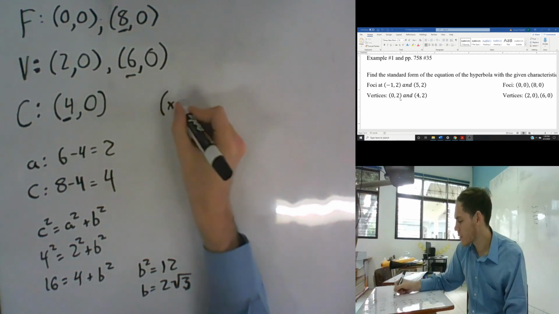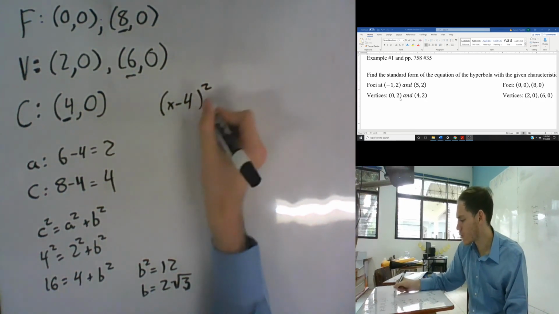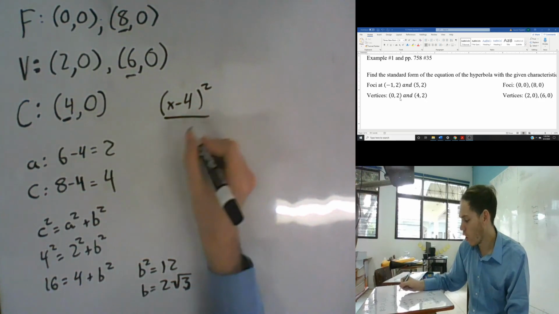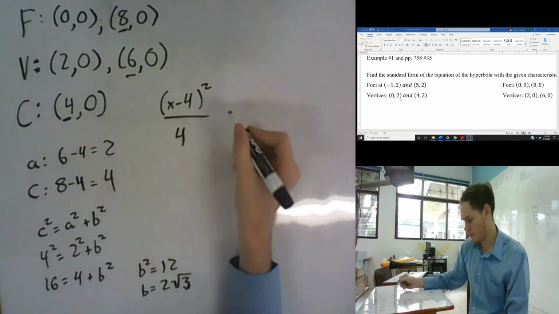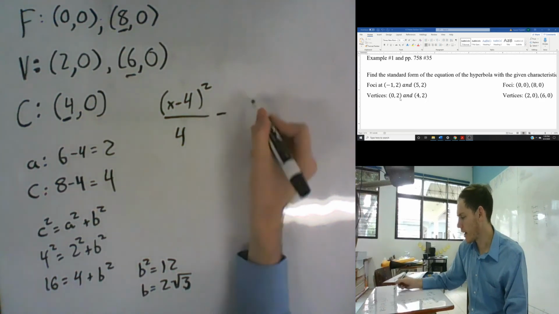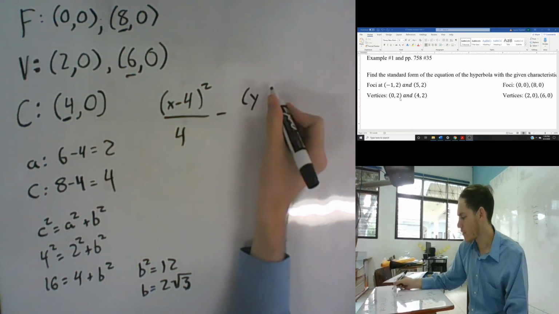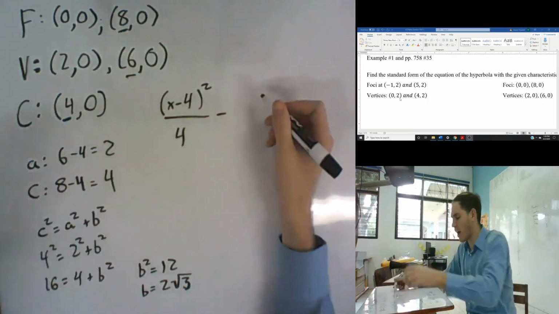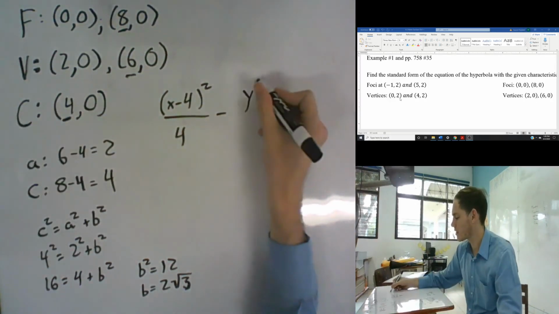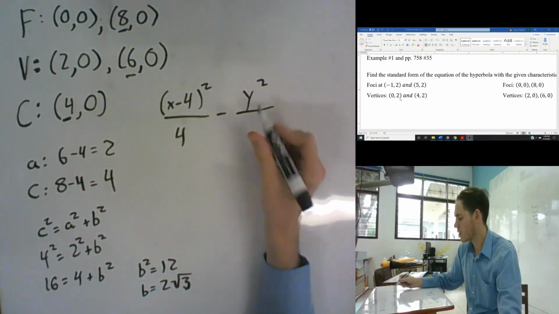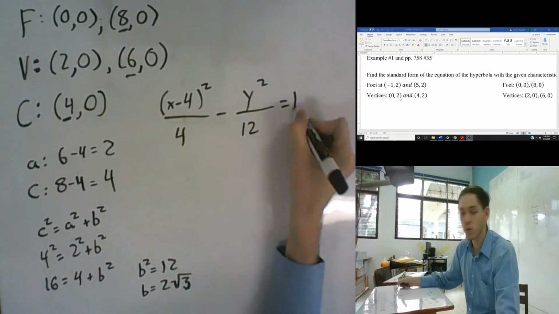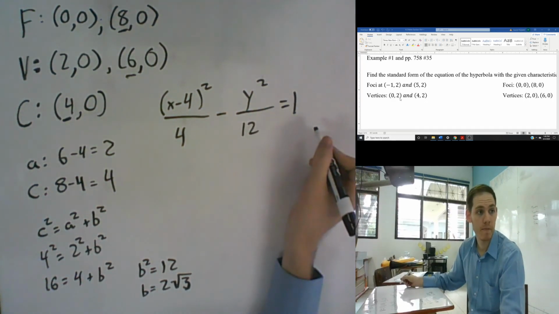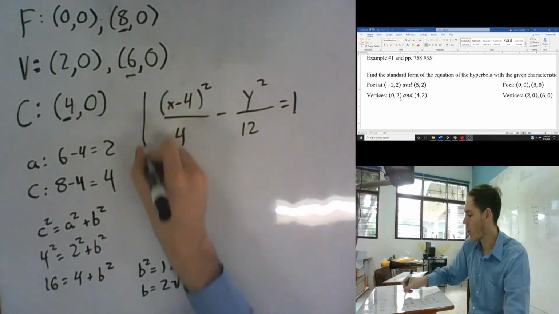So, (x minus 4) squared, we have our center in there, over 4, which is A squared, minus y squared over 12 equals 1. We don't have a 0, so we don't worry about the 0, we just put it by itself. Okay, this would be our equation.